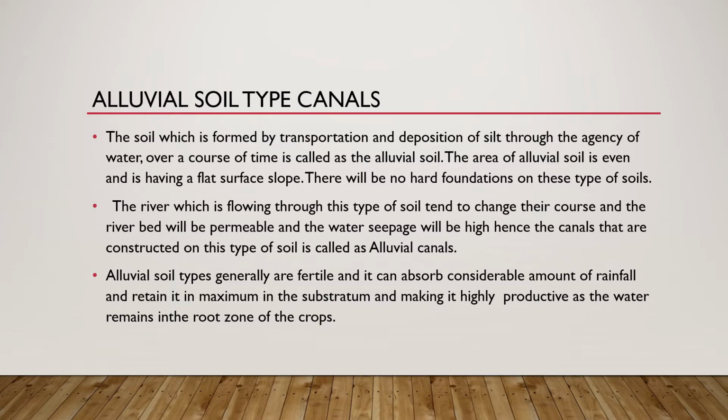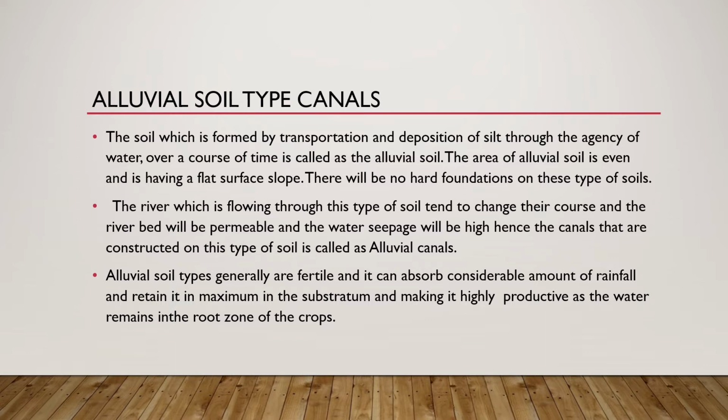Then the riverbed will be permeable and the water seepage will be high. It means that, as in the first point, it has a flat surface slope, so there will be more pores since the surface is not so hard or rough.